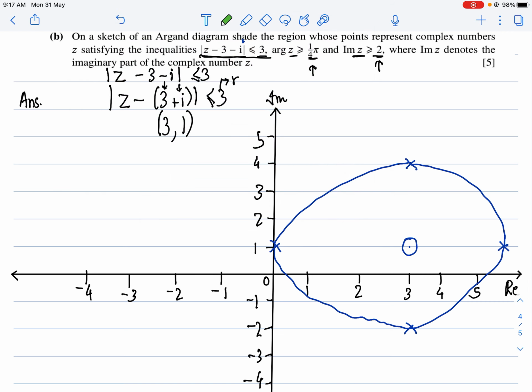Now what I can simply do is take my green pencil and plot this. The argument of z should be more than or equal to 1 over 4 pi. So argument of z, 1 over 4 pi, I know is something like 45 degrees. So it's something like this, where I can say this is 1 over 4 pi. Got it?